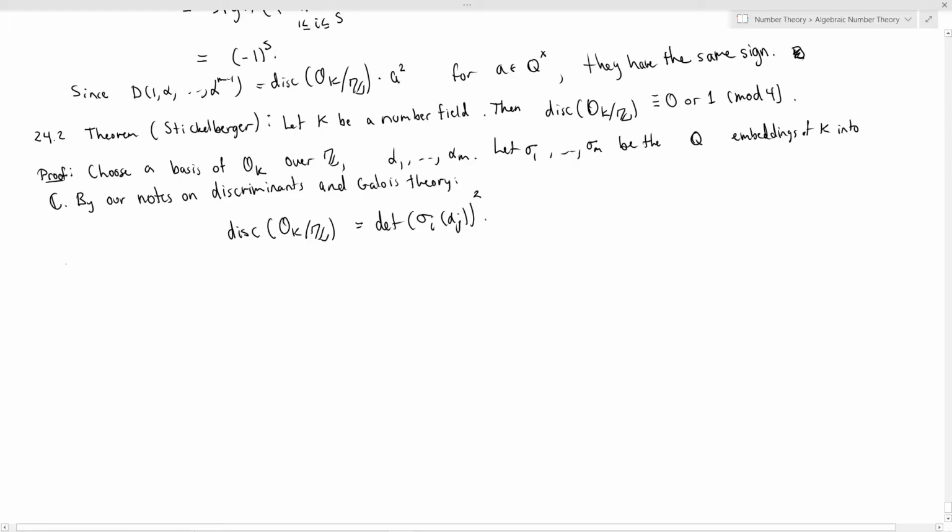And essentially we're going to expand out this determinant using the actual formula for the determinant. It's kind of messy, but I think it's a good exercise to think about what's going on with this determinant. Recall the determinant has the following expansion over permutations.